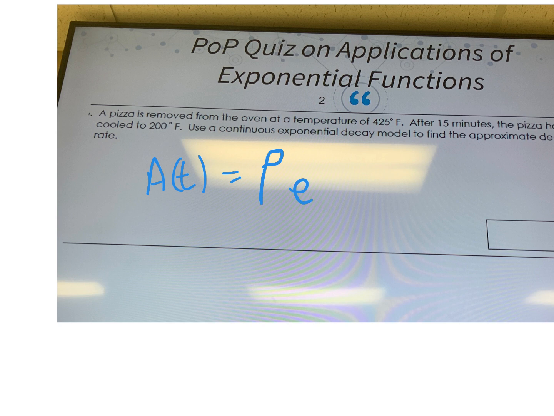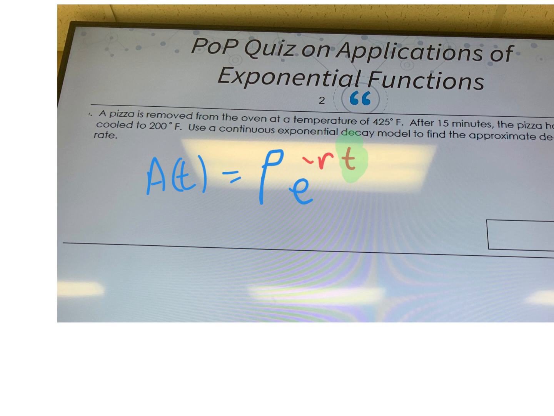Were you asking me about the negative? Yes. I'm going to put a negative now. Somebody tell me why. It's a decay. Now, let's plug in everything that I know, because I don't know r. But I do know time. What's time? 15 minutes.